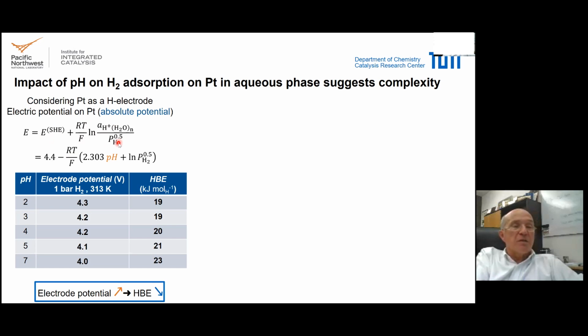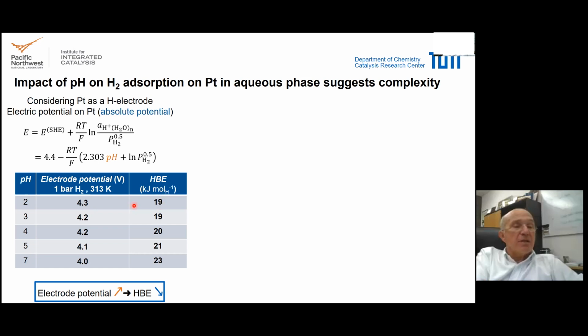And if we do this, we see that as we move from pH 2 to pH 7, as we decrease the concentration of hydronium ions, we are decreasing the electrode potential.